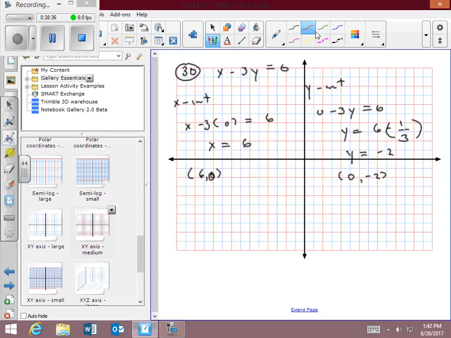If I've done this right, I should have x is 6, y is 0, and x is 0, y is minus 2.